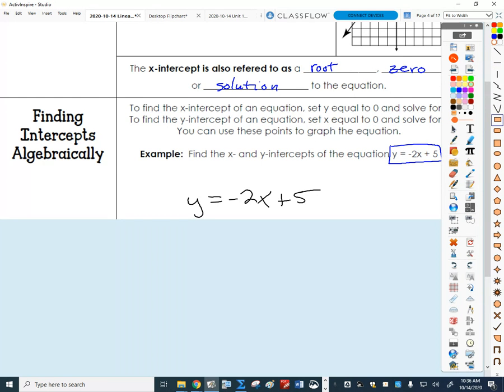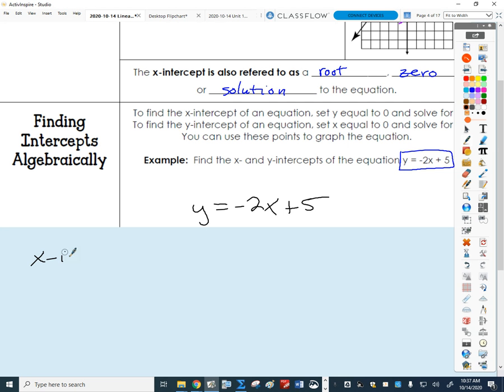Okay, so if I want to find the x-intercept, I already know that is where y is equal to 0, right?